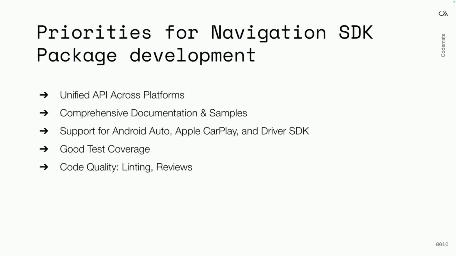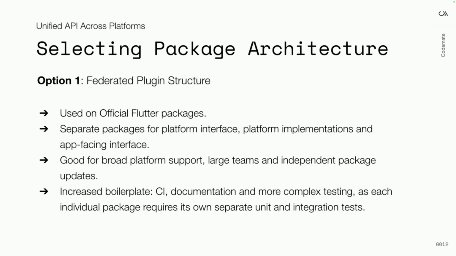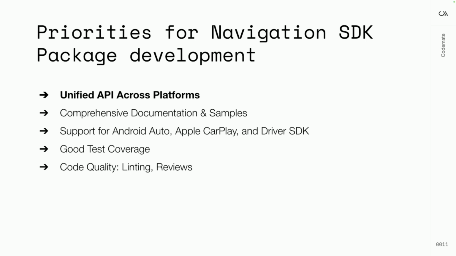When we started this development, we had important priorities for the Navigation SDK package, meaning that we wanted to have a unified API across platforms. This means that for every API, users don't have to test whether it's iOS or Android, they can just use the methods, and they should work the same way on both platforms.